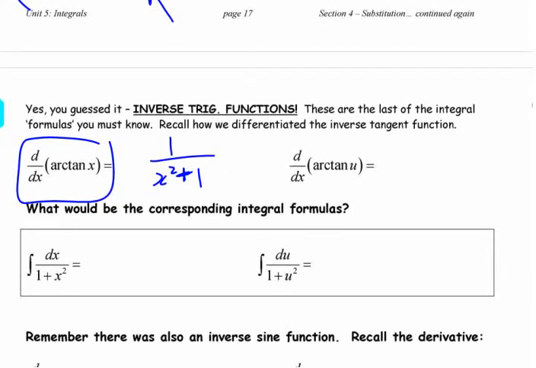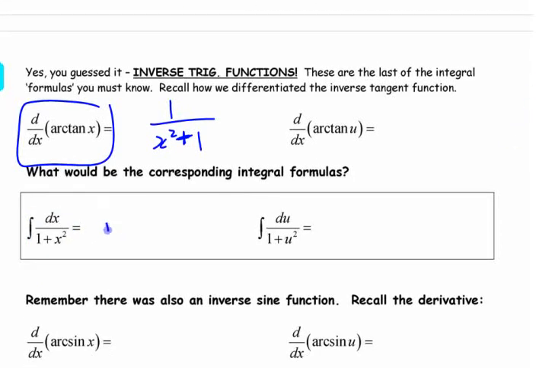So then if we turn that around here, what's the integral of 1 over x squared plus 1? Arctan. If it's a u, yep, because you've already dealt with that thing.